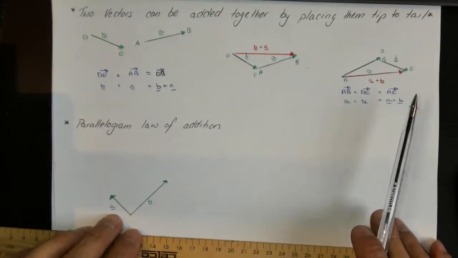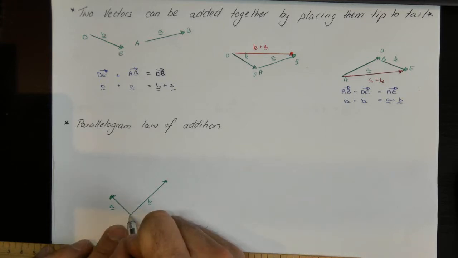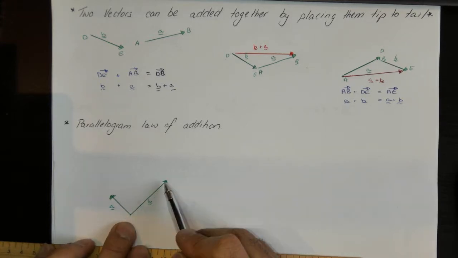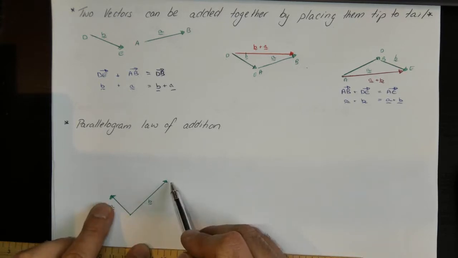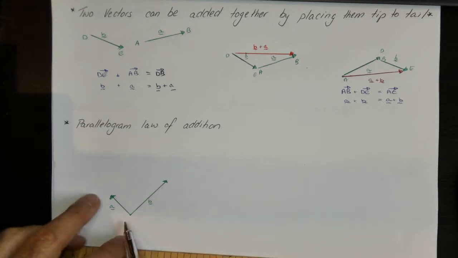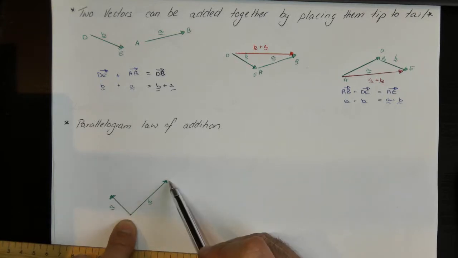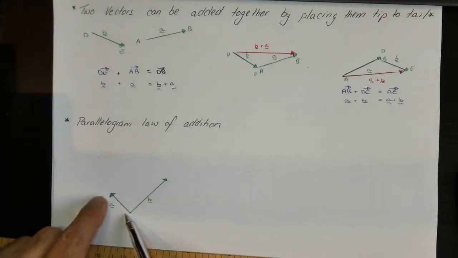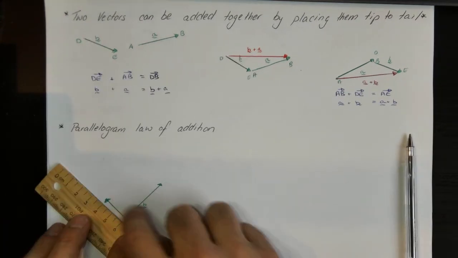Okay, if I have two vectors, such as this one, A and B, so let's say they start at the same point, and they're going away, and I want to add them. What I really need to do is move one of these vectors, because they're both coming from the same point. I need to move it so that the tail becomes next to the tip. Alright, so let's say I move this vector.